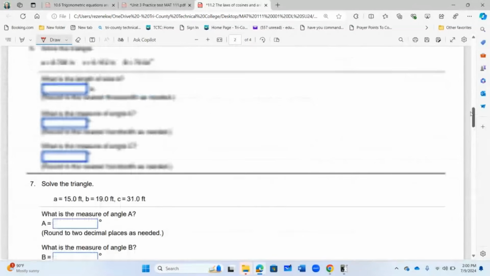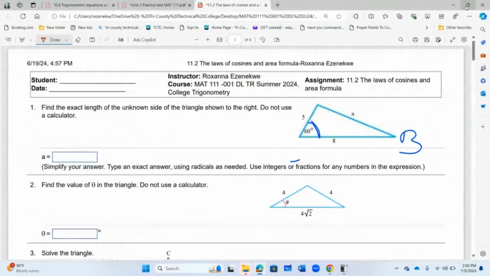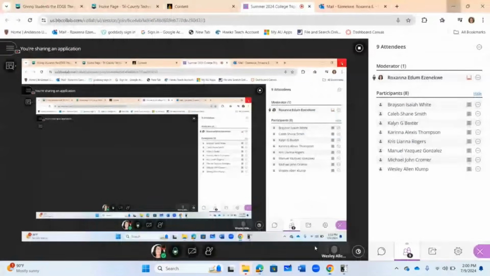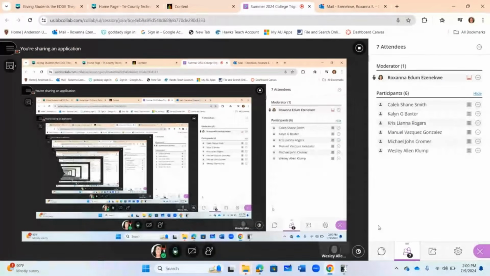Vectors will be one class, and vectors is 11.3. We're doing our best. There are too many things to do, but we can get vectors done next class.